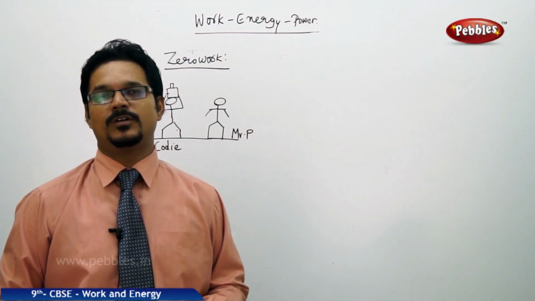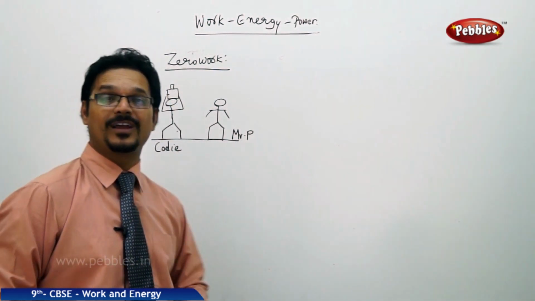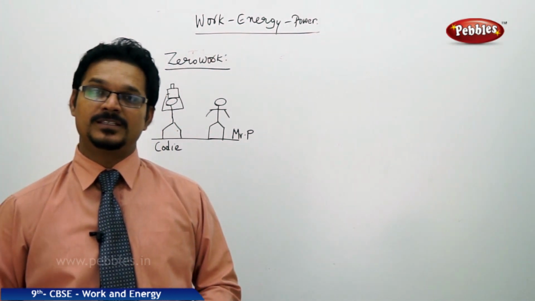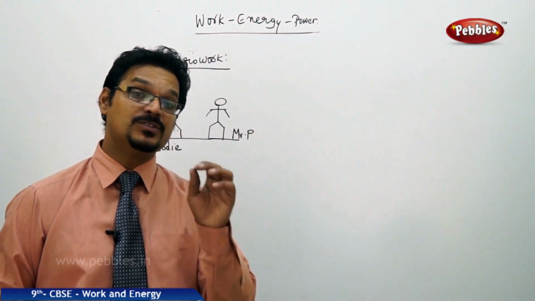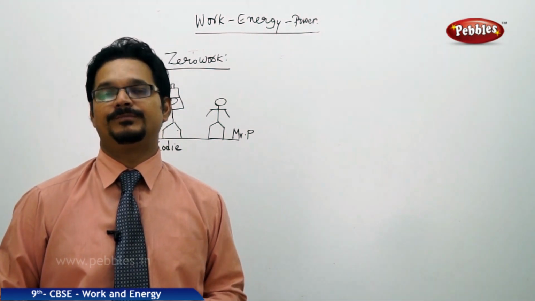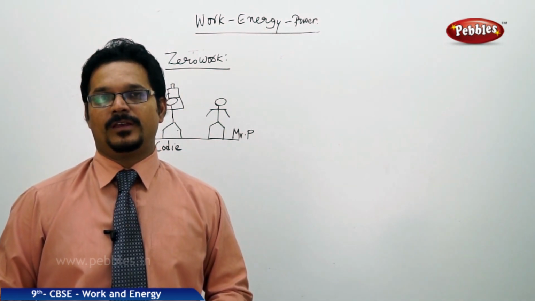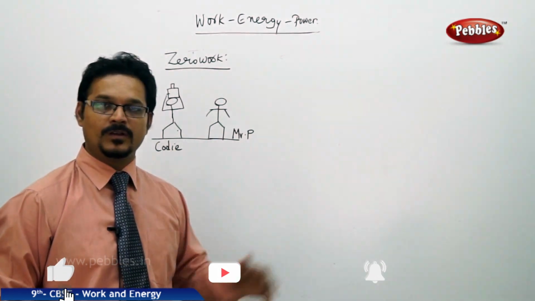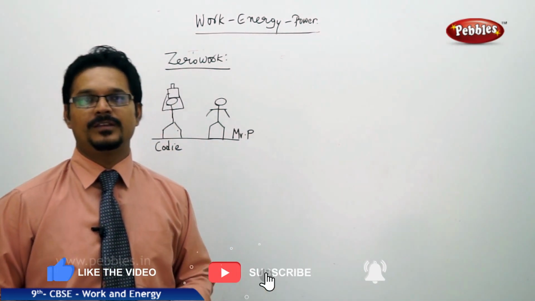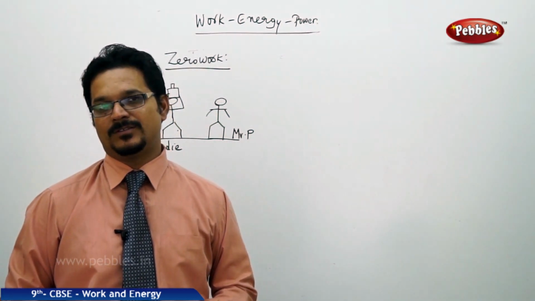Now let us discuss one more interesting concept called zero work. That means work can be positive, can be negative, sometimes work can be zero also. How? I will tell you a small story. In the railway station, Mr. P got down from the train, standing on the platform with a large suitcase.